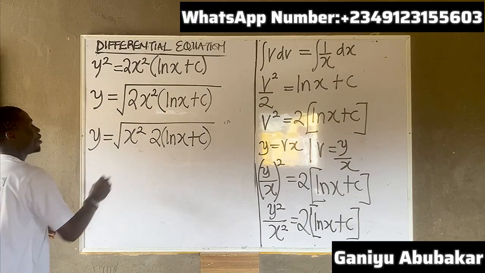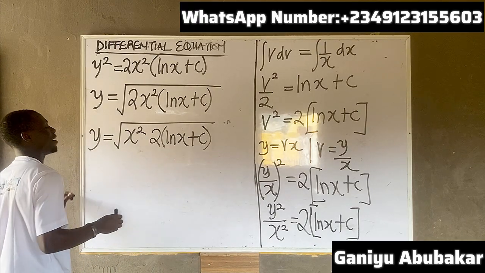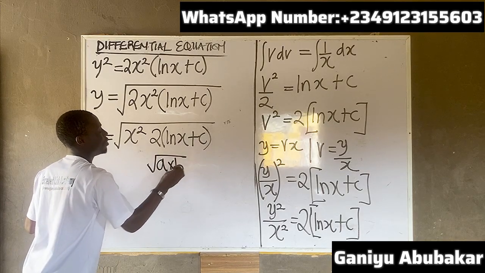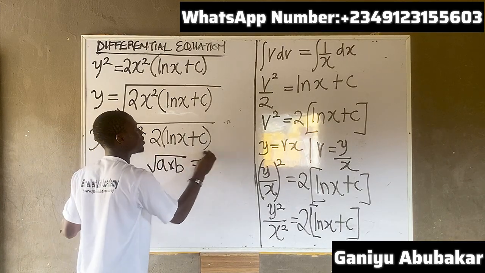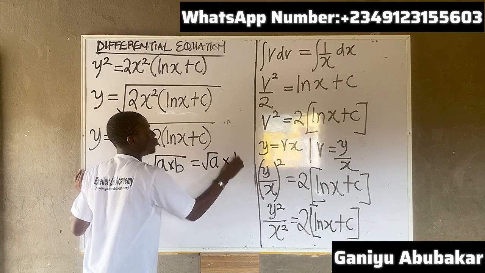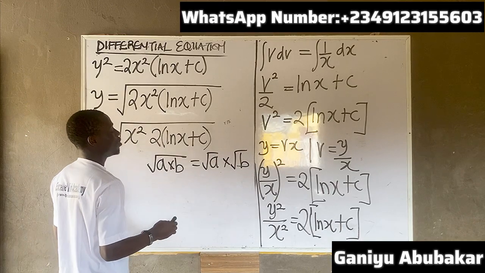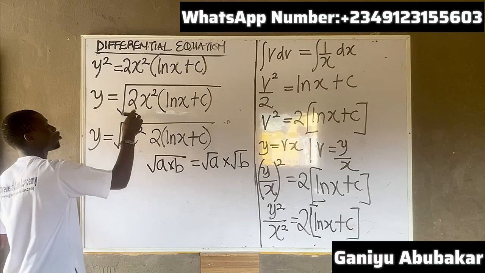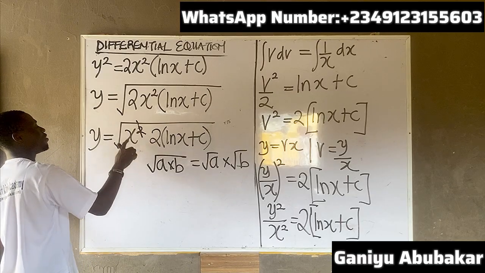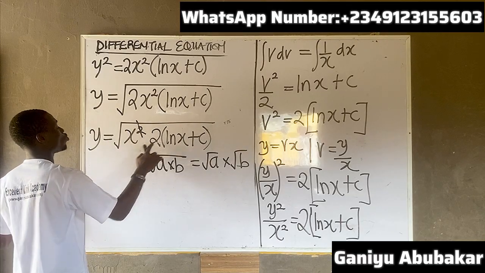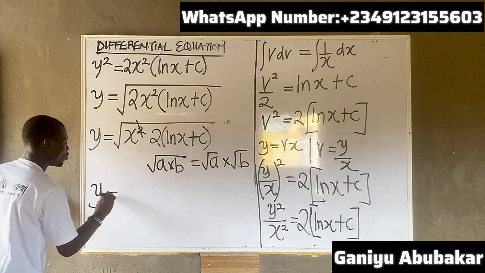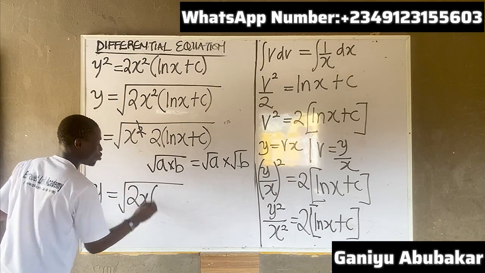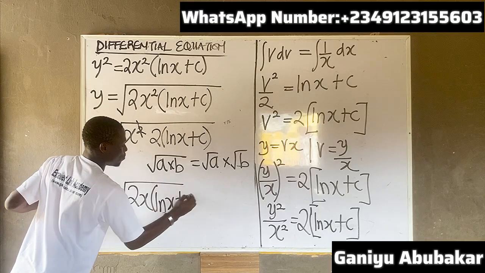If I have root a times b, this can be broken down as root a times root b, right? So if I separate this one, the square root cancels the square. I've left just x, so x times 2 gives you 2x. I have y equals square root of 2x into ln x plus c.